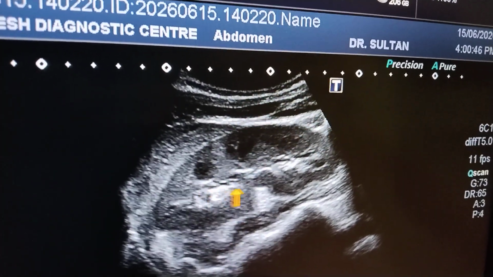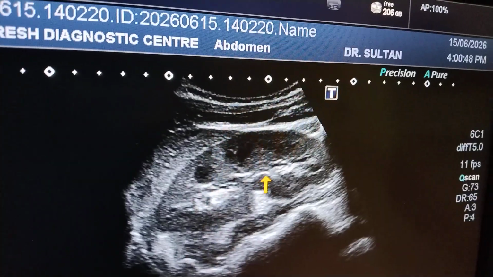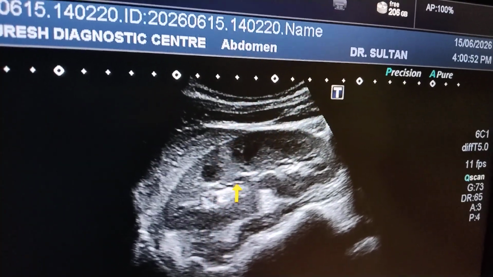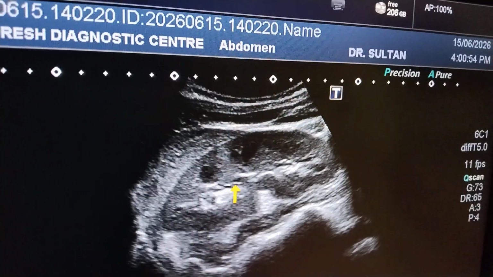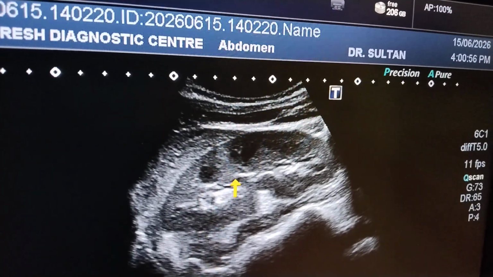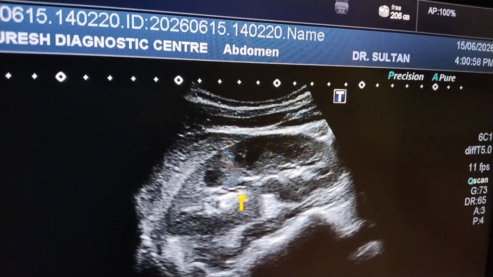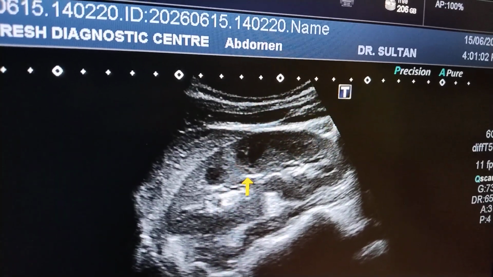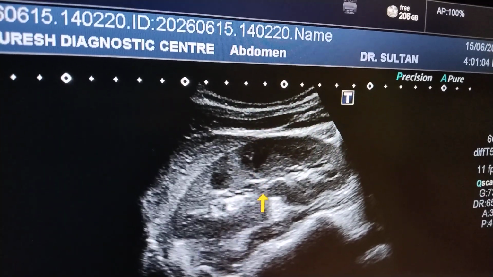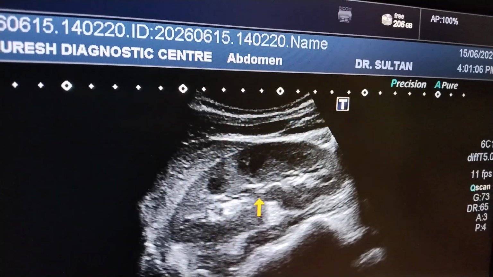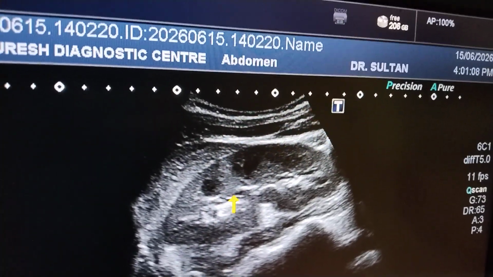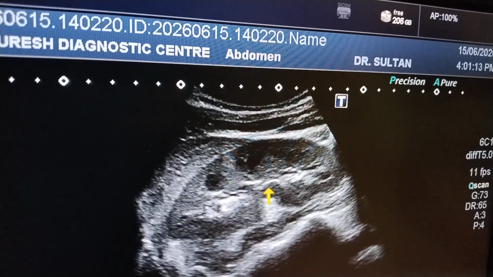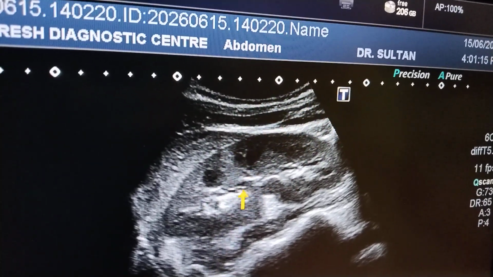When these form the interfaces, there is significant reflection of the sound waves from the renal sinus, and then more reflected ultrasound waves go back, resulting in increased echogenicity of this renal sinus.